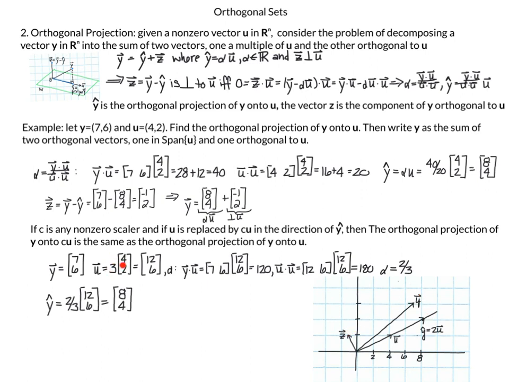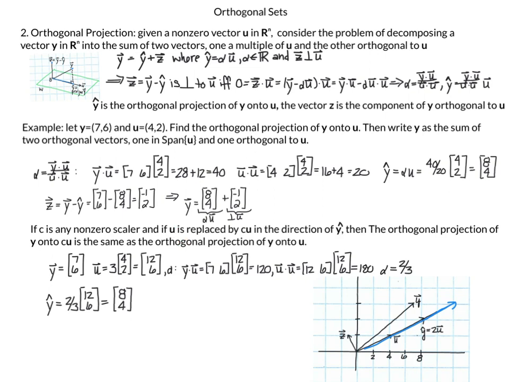Now, if we scale u and make u 3 times as long, so if u goes out to here now, we don't need to use the entirety of u, we only need 2/3 of u now. We just scale u back down, so when we add it to z, we get y.